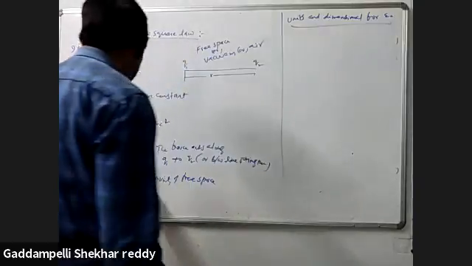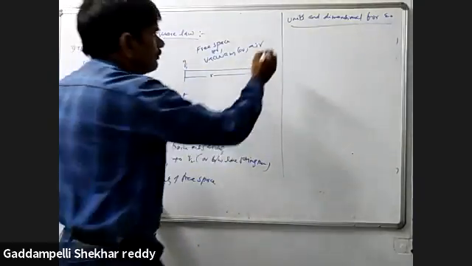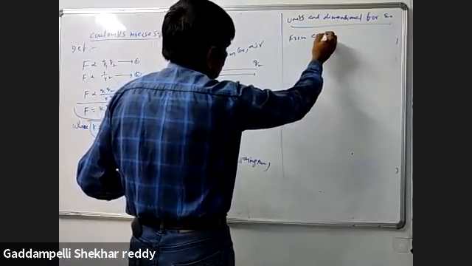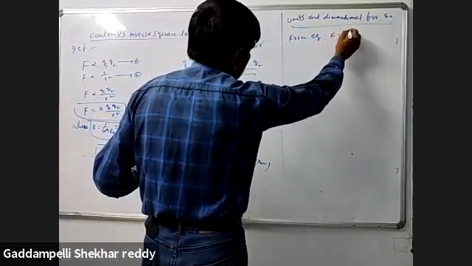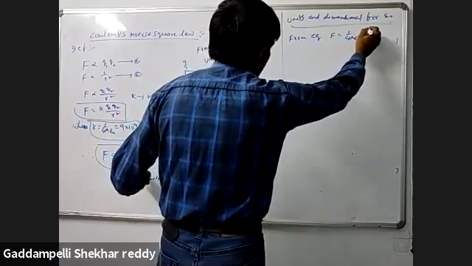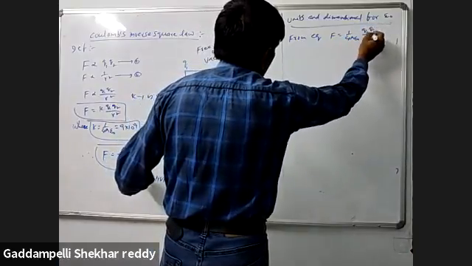From the equation F is equal to 1 by 4 pi epsilon naught Q1 Q2 by R square.